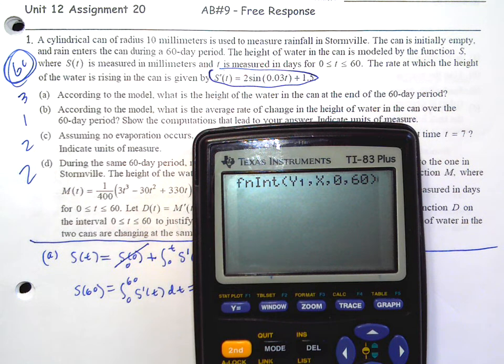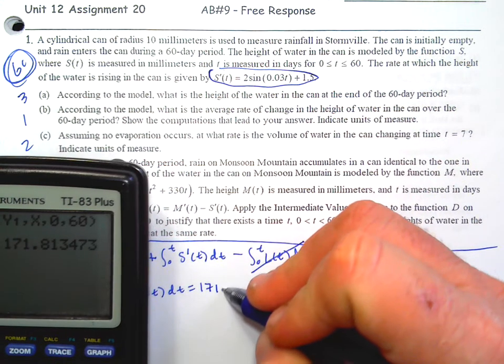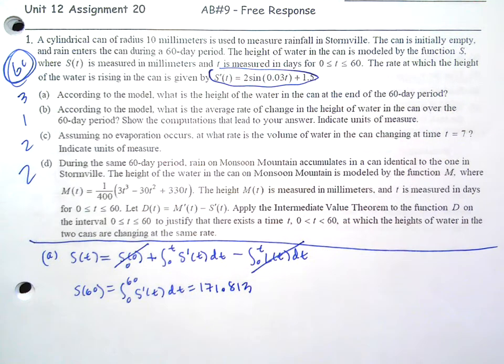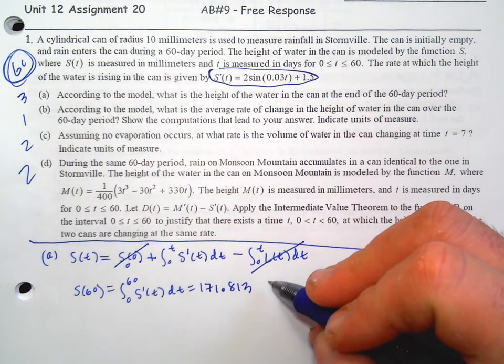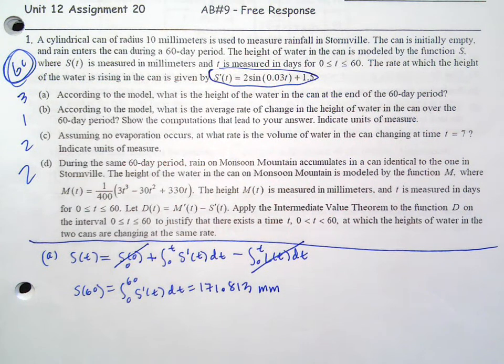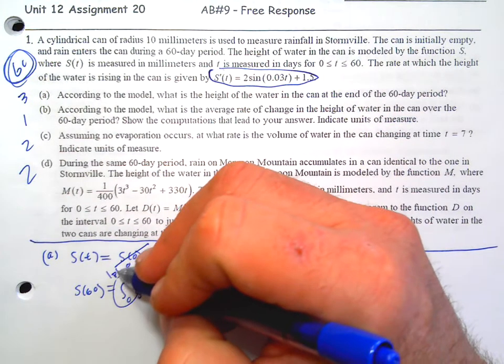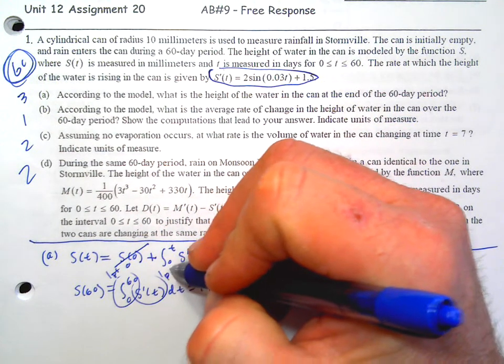So we get 171.813. The units are millimeters. So 3 points: 1 point for the limits, 1 point for the integral, 1 point for the answer.